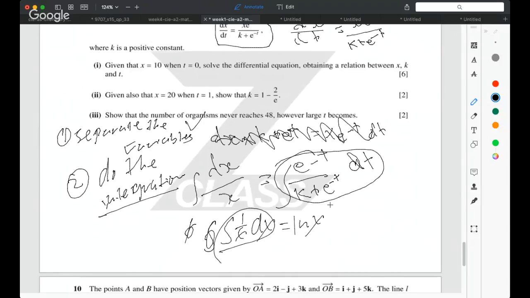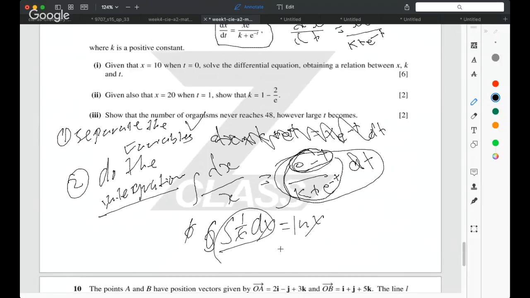If you think of k plus e to the power minus t as a variable, it's gonna be negative... There's a way you need to think of it, like backwards.